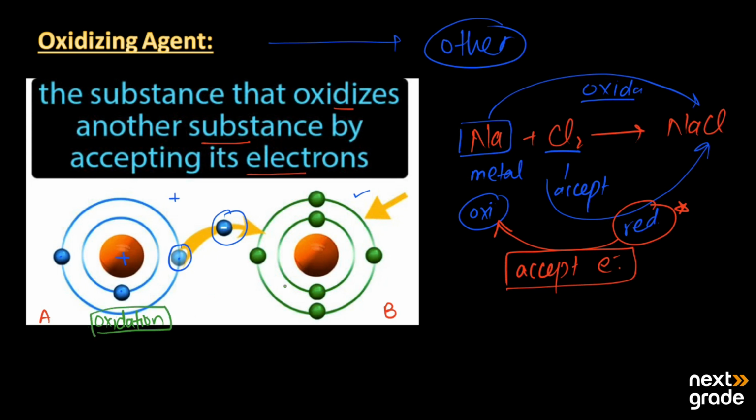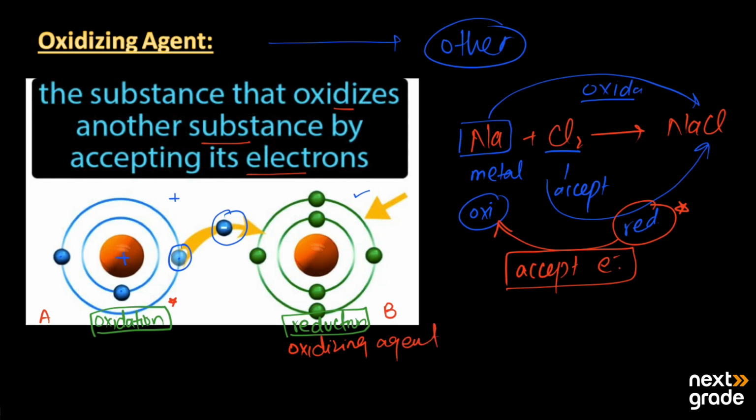Substance B accepts that electron, and here the process of reduction takes place. When there is a reduction, it means this substance reduces itself and oxidizes substance A. So that's why it is called the oxidizing agent.